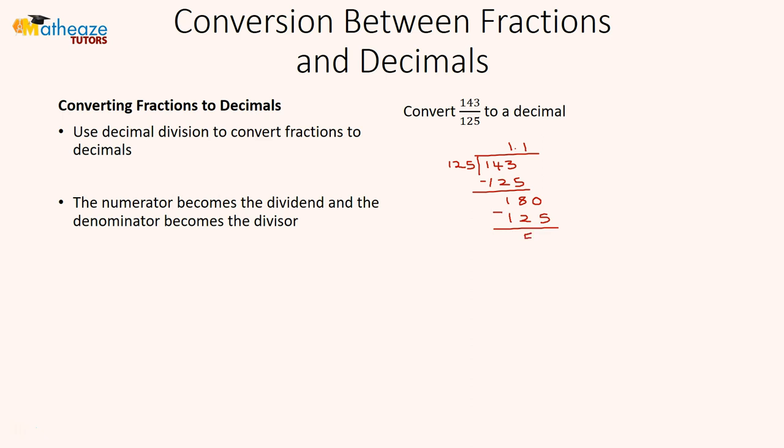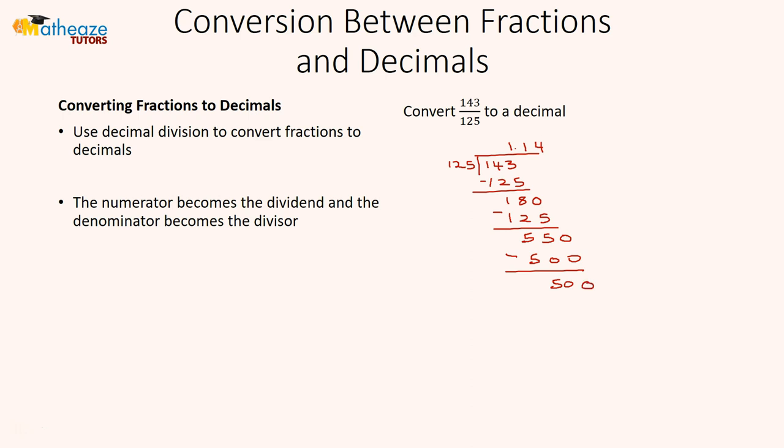This is going to be 55 divided by 125. Can't do it, so 550 divided by 125 is 4. 4 times 125 is 500. Subtract again, we have 50. 50 divided by 125, can't do it.